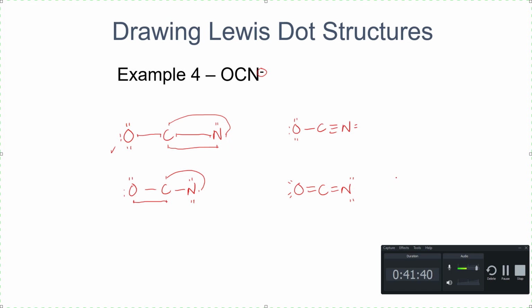So I could write a Lewis dot structure where there's a double bond between oxygen and carbon and between carbon and nitrogen. And then the oxygen and nitrogen would have 2 lone pairs each. Is that a valid Lewis dot structure? Absolutely.